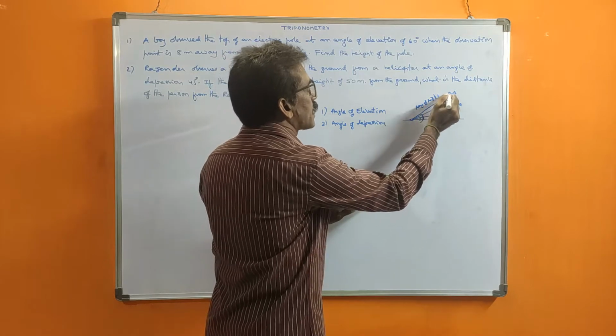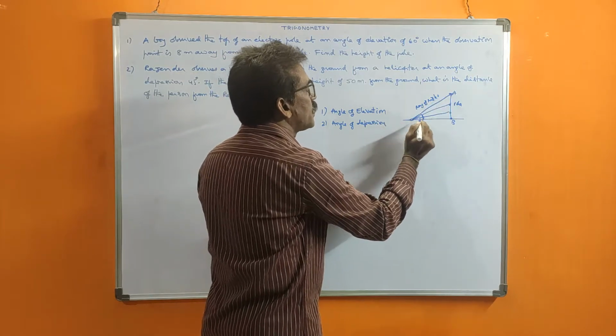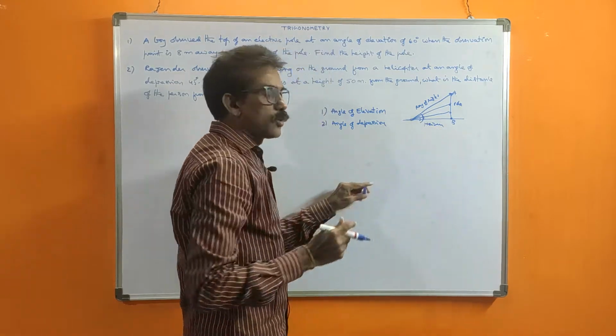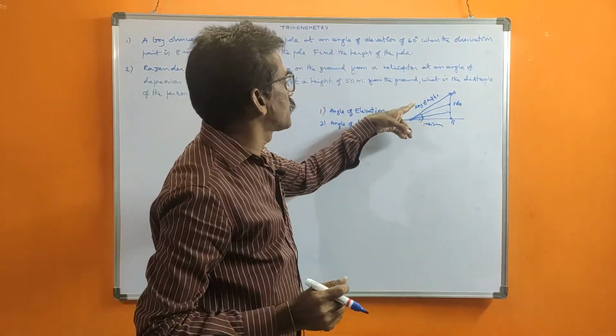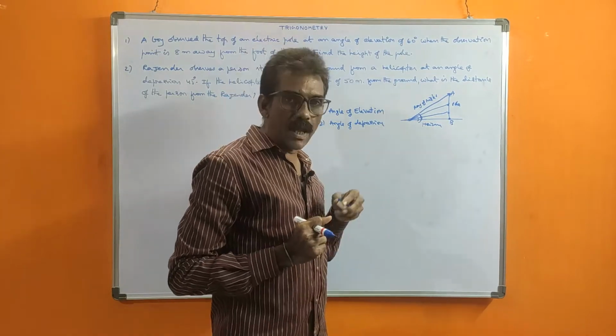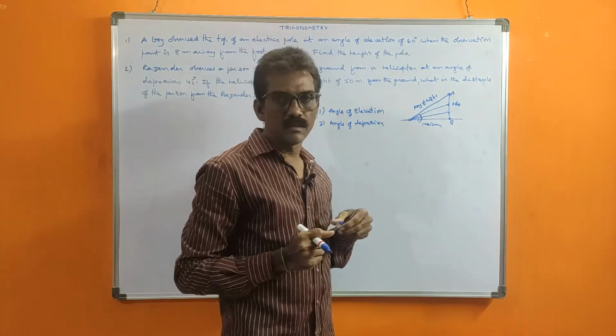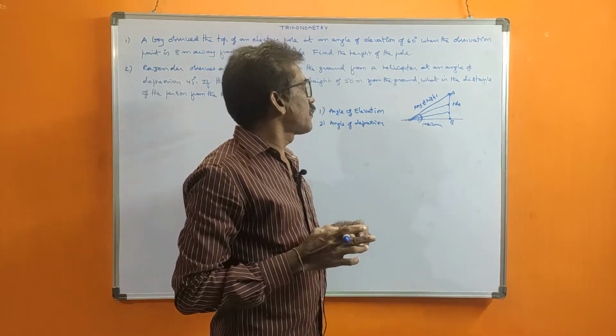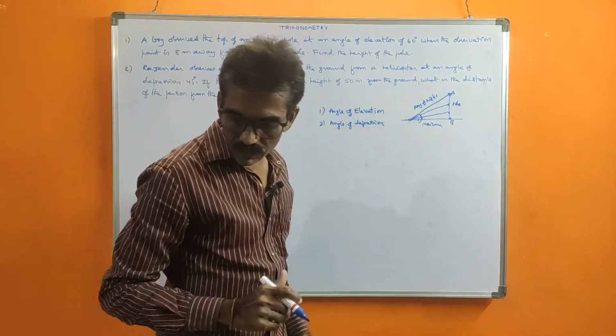The ray of sight makes some angle to the horizontal line, to see the top point. That angle is called the angle of elevation.